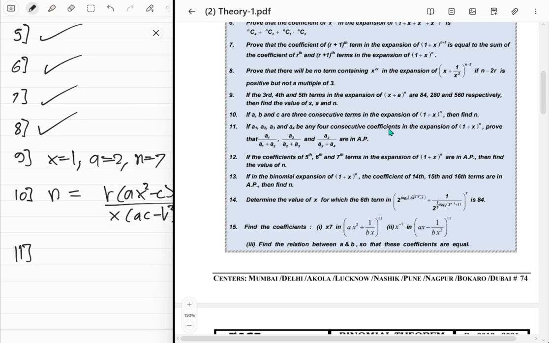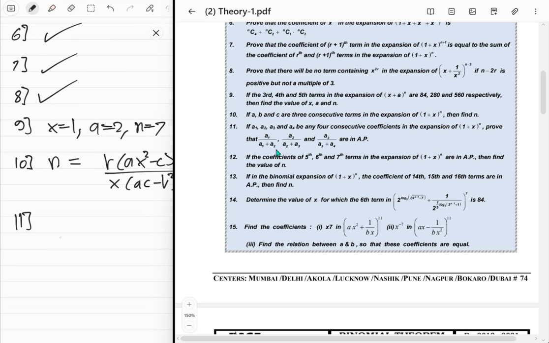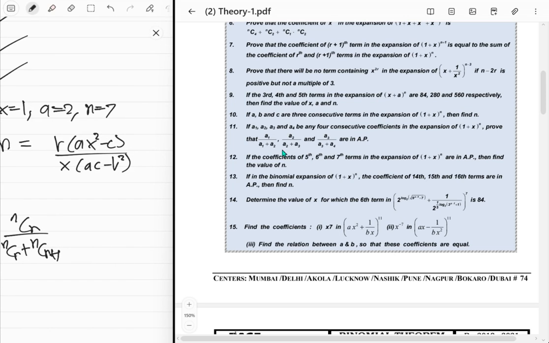If these are any four consecutive coefficients, prove that these things are in AP. A1, A2, A3, A4 are consecutive coefficients in the expansion of this. Prove that A1 upon A1 plus A2... Take a general term of this, it's going to be NCR upon NCR plus NCR plus 1, which, if you recall, is NCR upon N plus 1 CR plus 1.